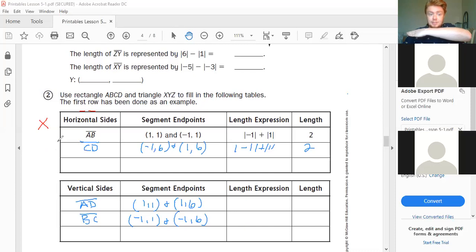Since this one was horizontal, this one's X. Since this one's vertical, it is Y. So if you remember, when we did this length, we did the two X ones, -1 and 1. And on this one, we did the same thing, -1 and 1, because that's X.